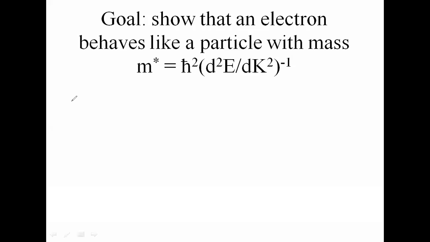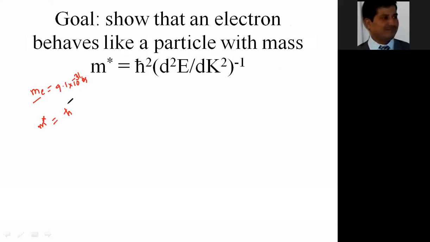Generally we know the normal mass of the electron, m of the electron, we write it sometimes as me equal to 9.1 into 10 to the power of minus 31 kgs. But m star indicates the effective mass of the electron, so you should remember it like this.